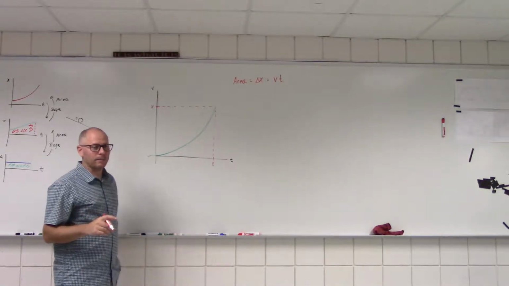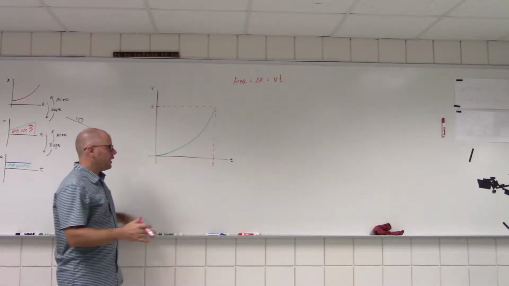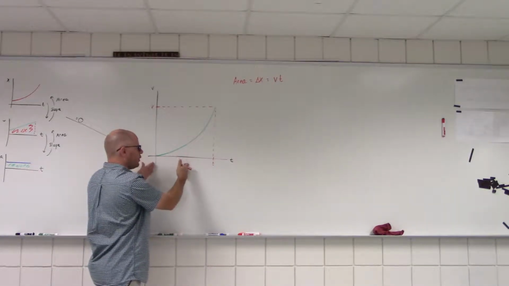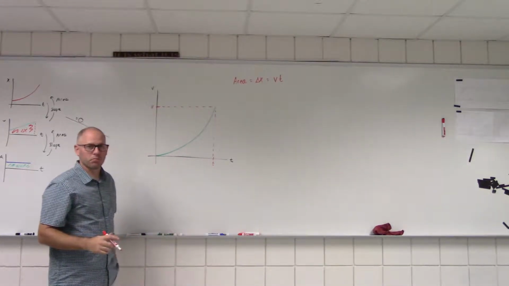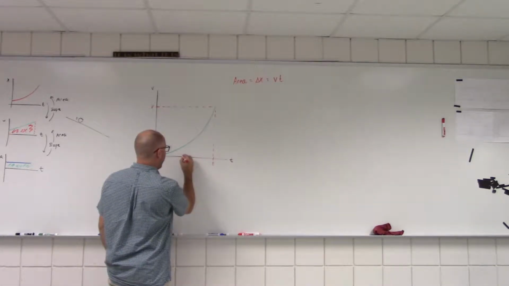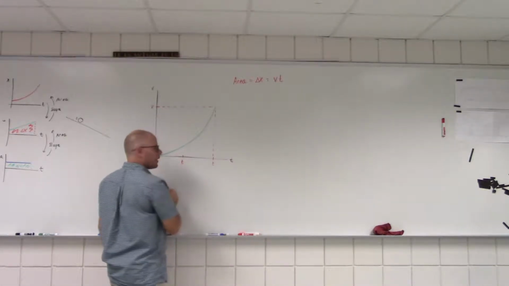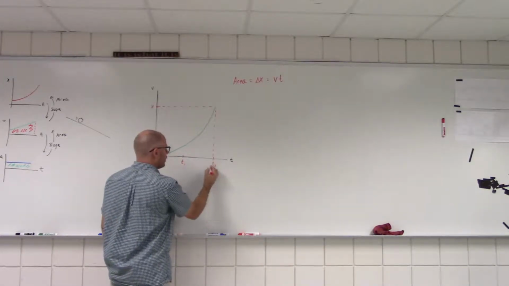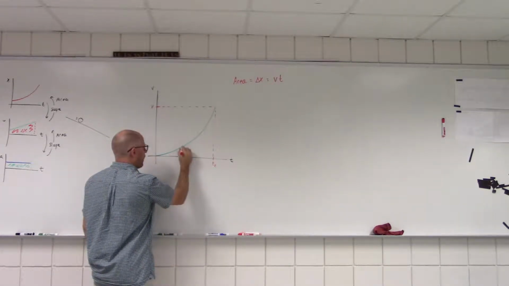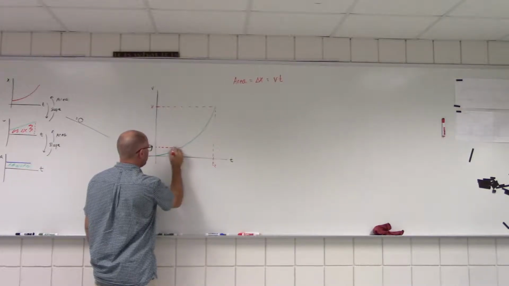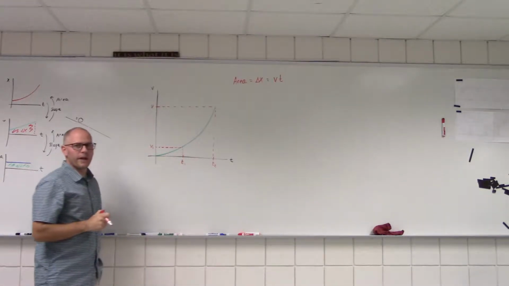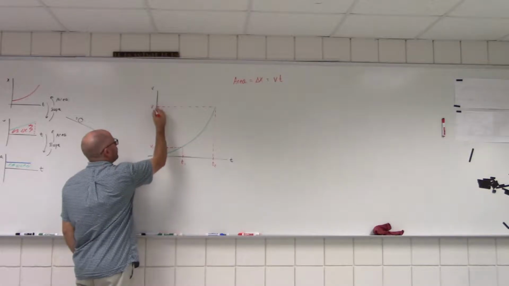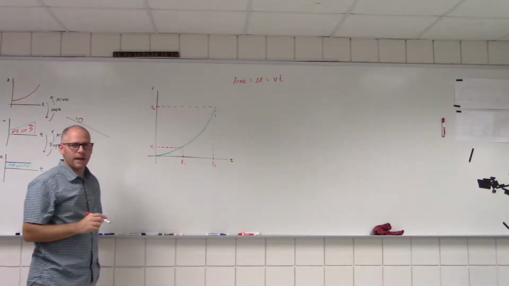Well, one way to do that is to take my t, and what if I broke it up into two sections? Okay, so let's break it up in half. Now we'll call this one t1, this one t2, with velocity v1 at time 1 and velocity v2 at time 2.